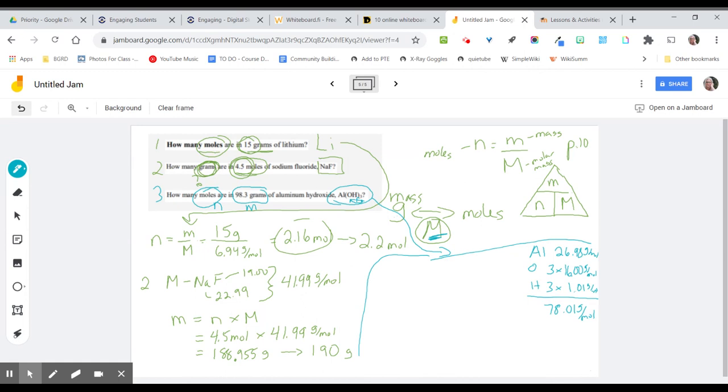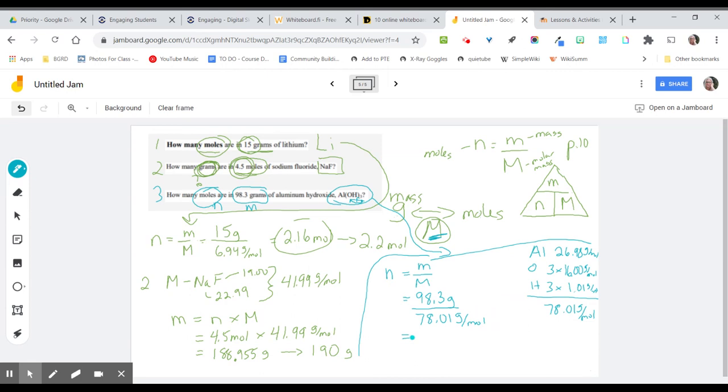Now, going back to the question, we're looking for moles, n, and we can use our nice little triangle here, or our formula from the data booklet, and moles is equal to mass divided by molar mass. So our mass given to us in the question was 98.3 grams, and our molar mass we just calculated for aluminum hydroxide is 78.01 grams per mole.